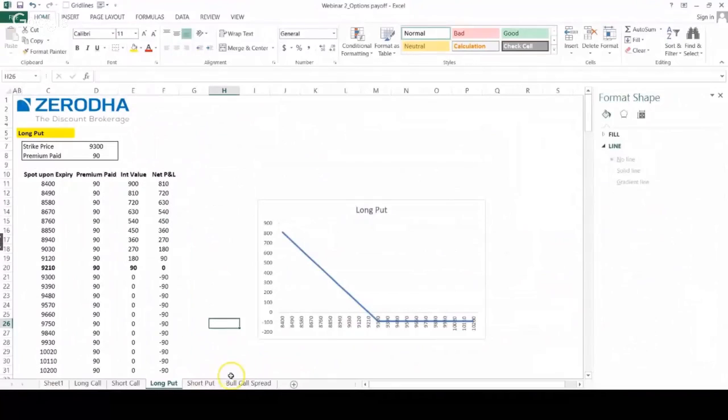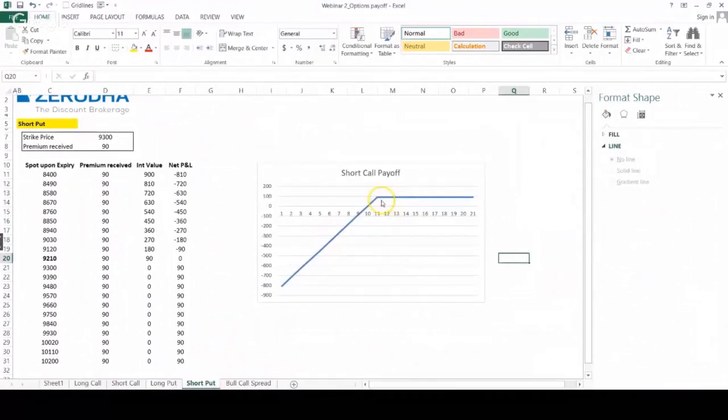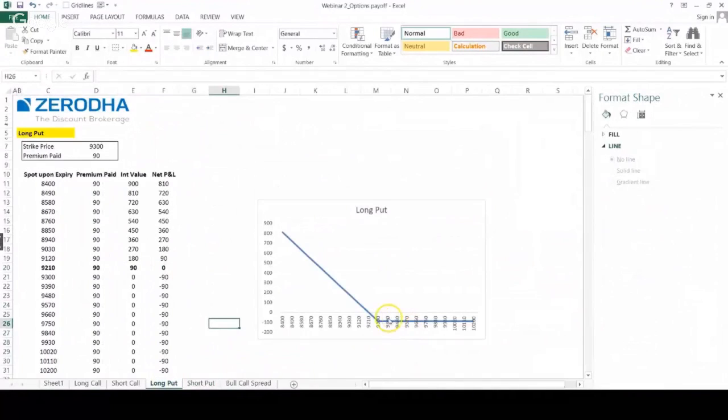So the dynamics are the same. It's just that they are in the reverse order, right? So here, the profits are restricted to the extent of the premium we have received. In case of a long put, the losses are to the extent of the premium paid, right?